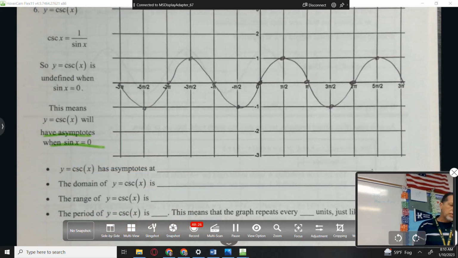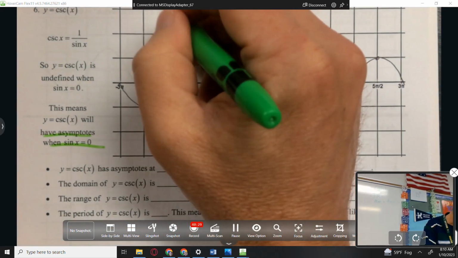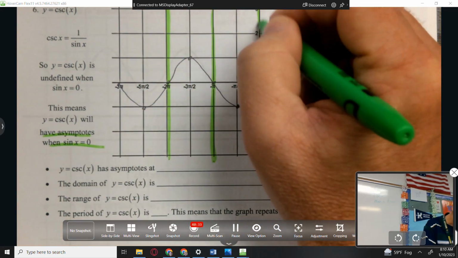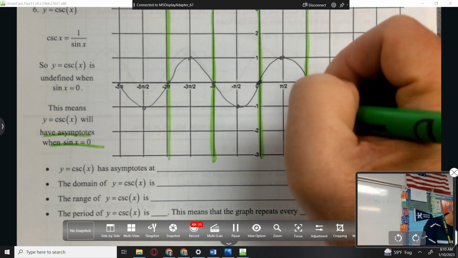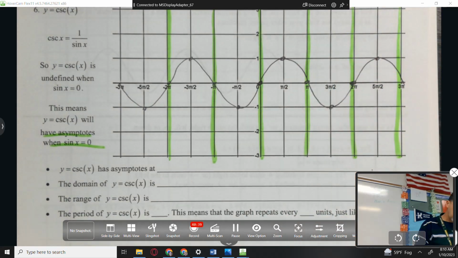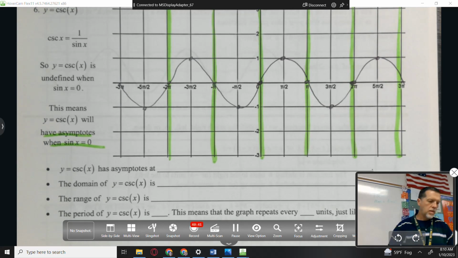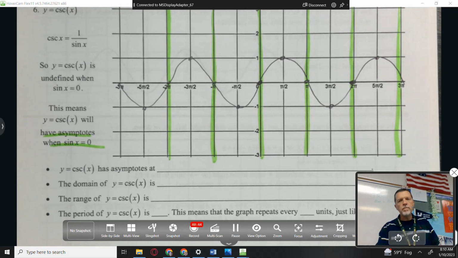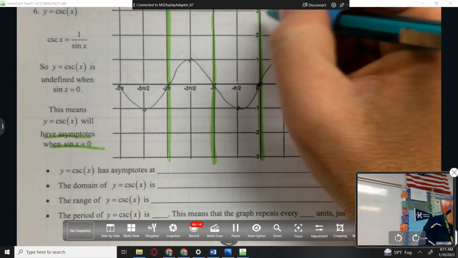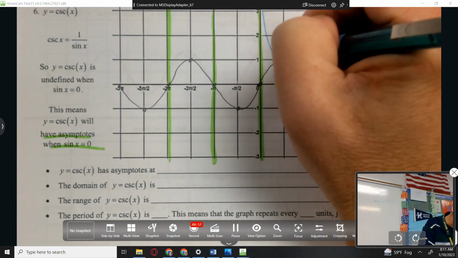Cosecant will have asymptotes when sine is 0. Well, that's easy to find because we just graphed the sine. And then just like we did with secant, cosecant is the flip of sine. So again, it's a little harder to flip a graph and figure out what's going on, but it makes the u's off the peaks and valleys again.